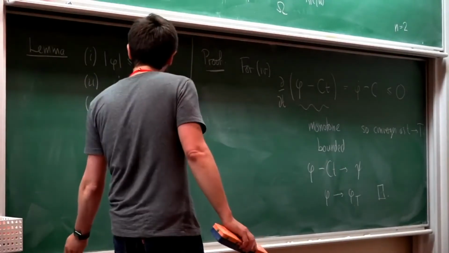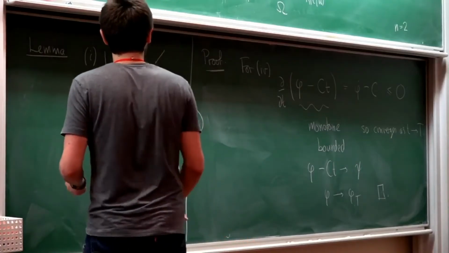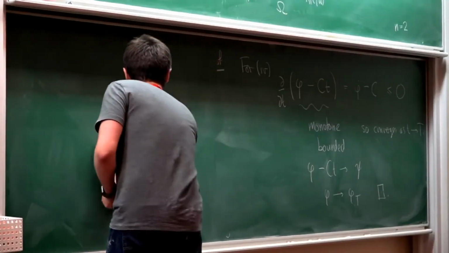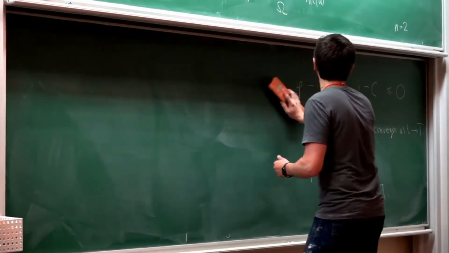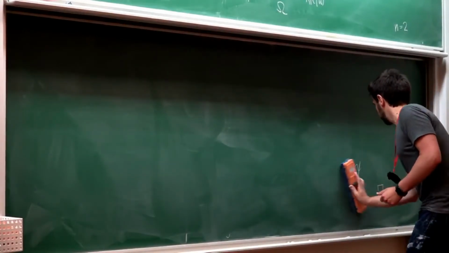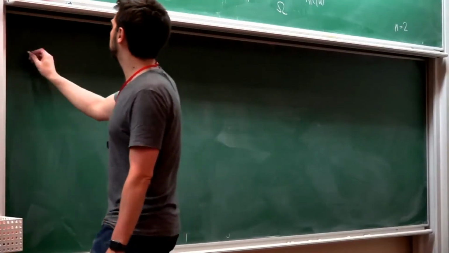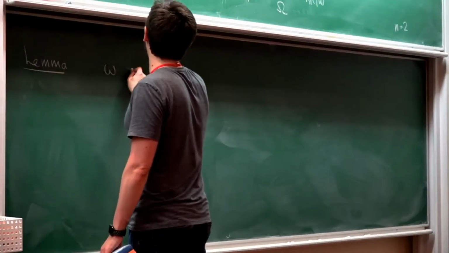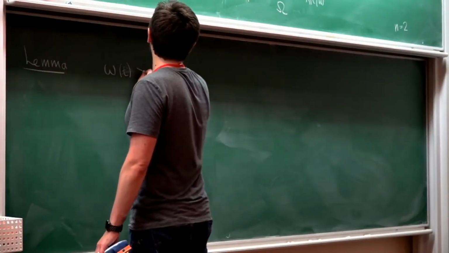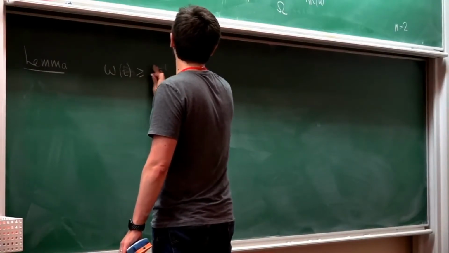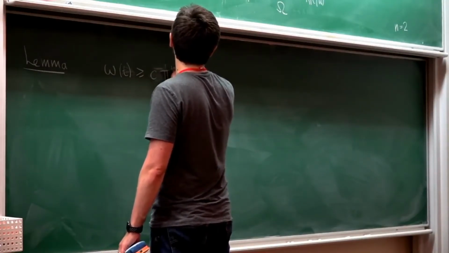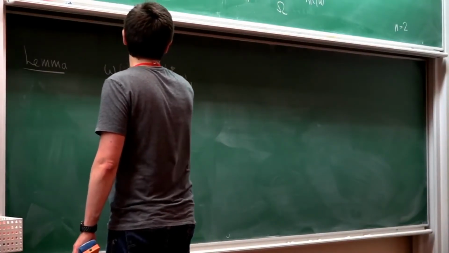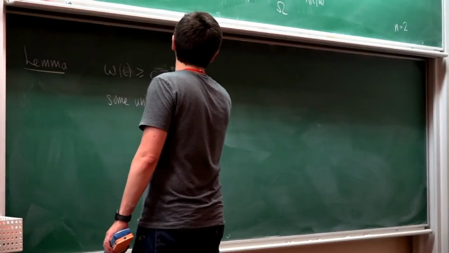Now I'm certainly going to use that, but let me erase it. The next thing I want to do is prove that. So the next lemma is that I want to prove that omega t is bounded below by some small constant times the pullback of omega n, for some uniform constant c which is positive.